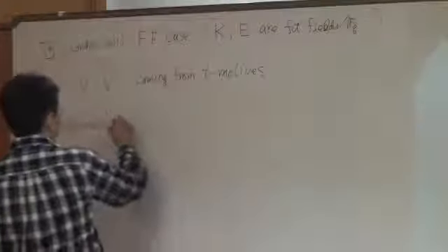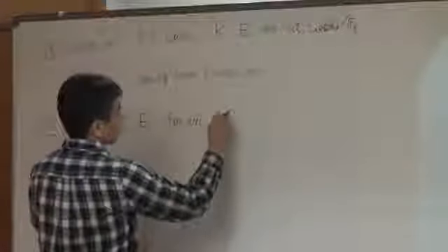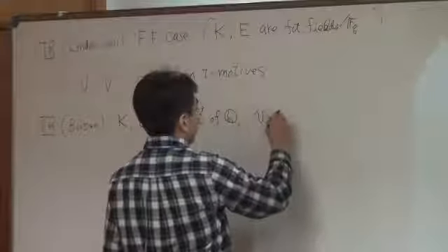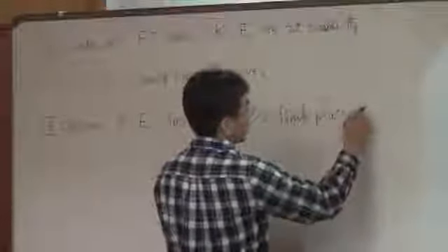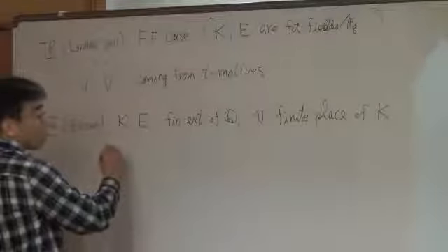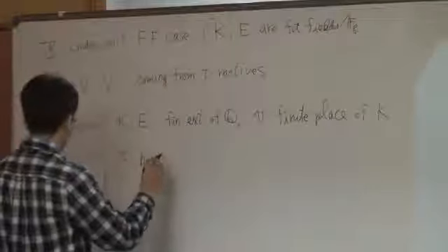Today, K and E are finite extensions of Q. We fix v, a finite place of K, and we fix some integers n, b, e.